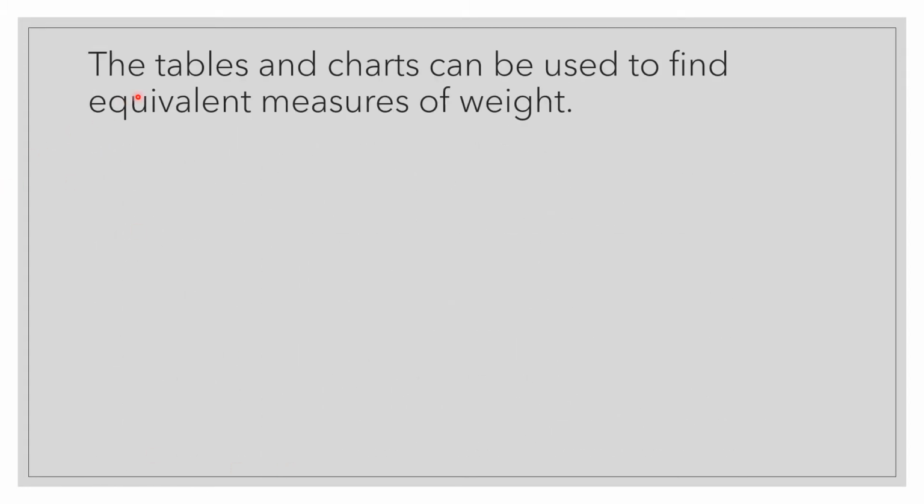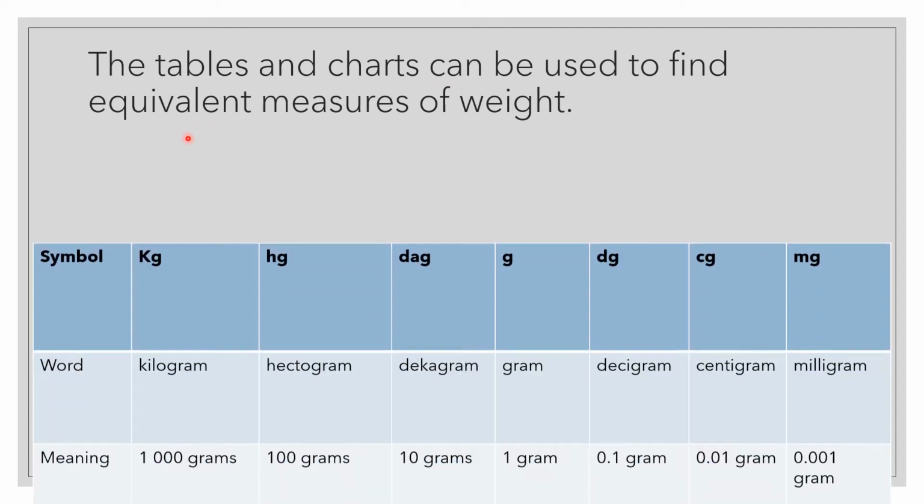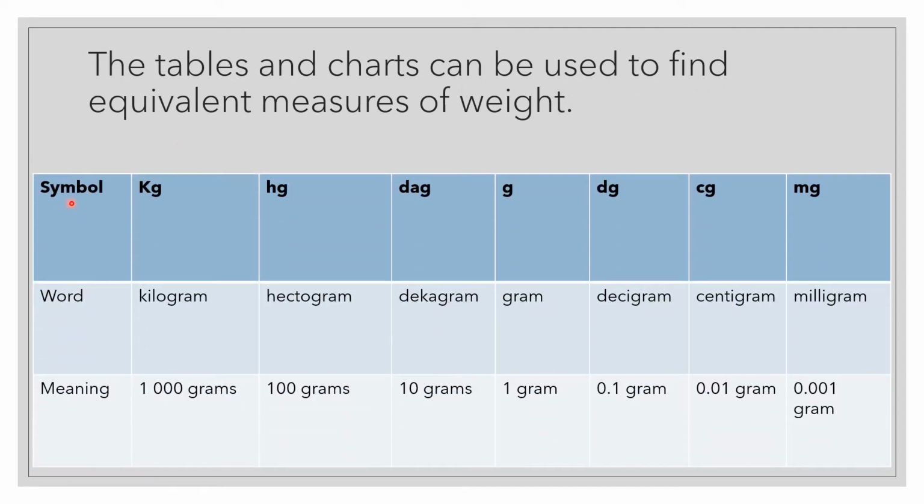Alright, the table and the charts can be used to find equivalent measures of mass. Here we have the symbol, word, and meaning. Kilogram is about 1,000 grams. 1 hectogram is about 100 grams. 1 decagram is about 10 grams. 1 gram is about 1 gram.